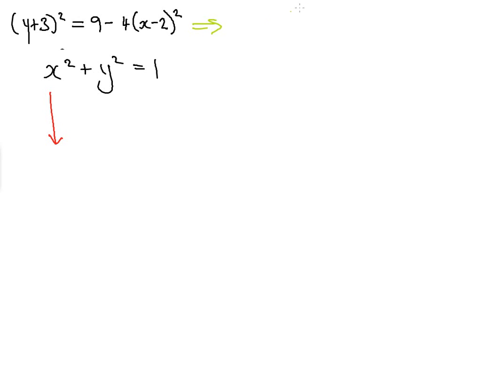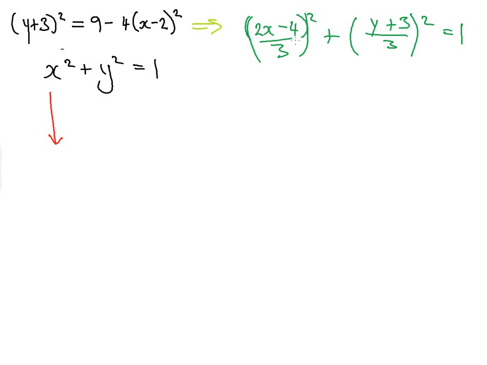So we can actually view this part, what is this going to be? This is going to be (2x − 4)² all over 3², and also ((y + 3)/3)² is equal to 1.